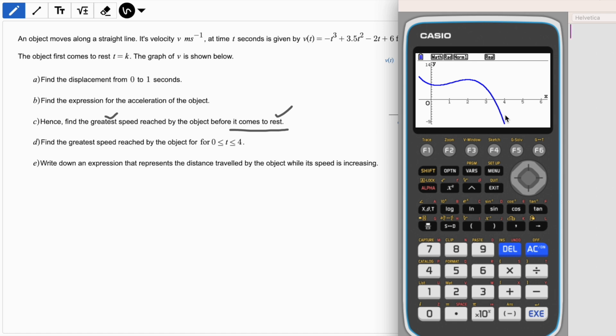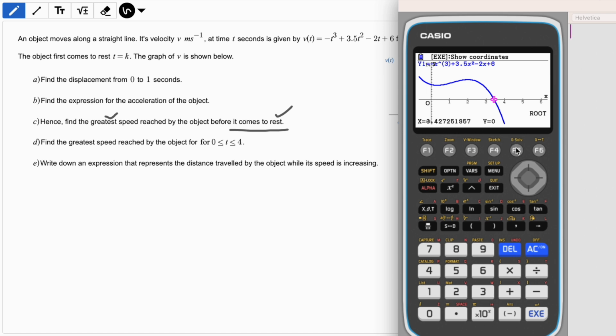First of all, I will find out where my object is coming to rest. For that, I need to click on GSolve and look for the roots because velocity must be 0 if it is at rest. So roots, okay, there we go, 3.42. Which means our velocity should be maximum at some point before 3.42, which is obvious.